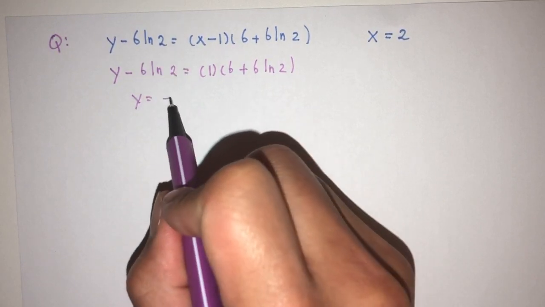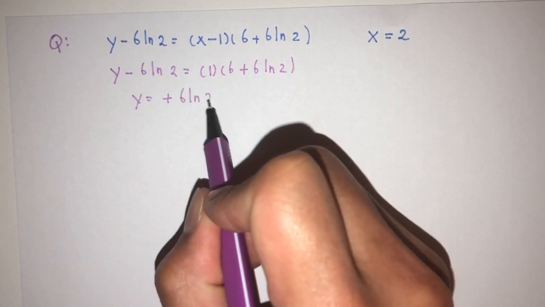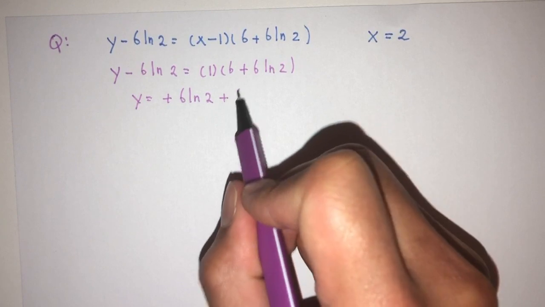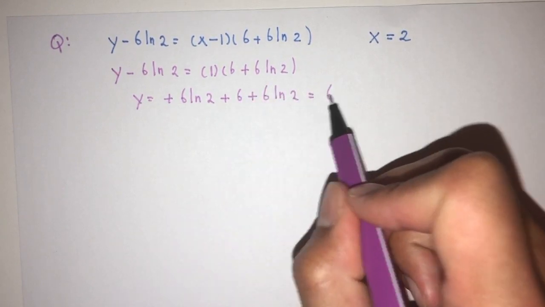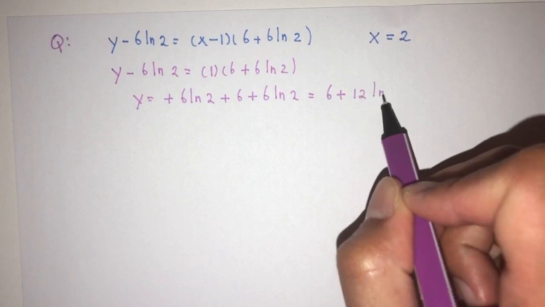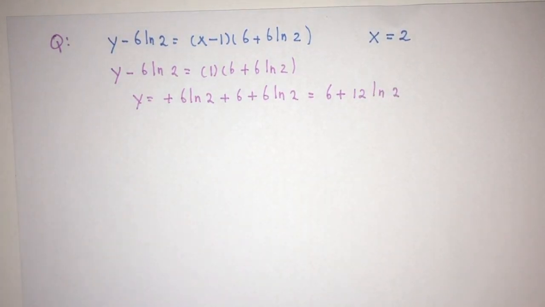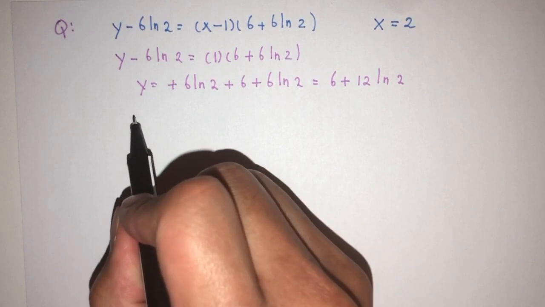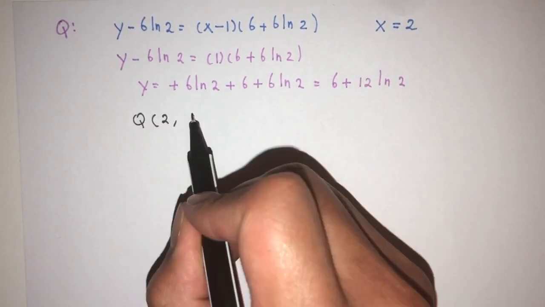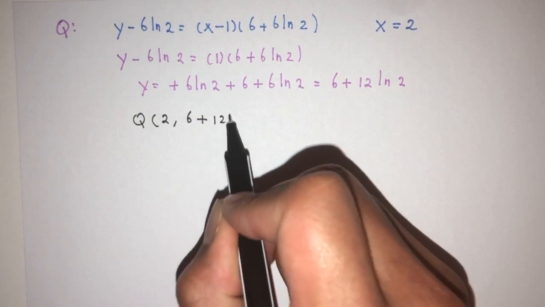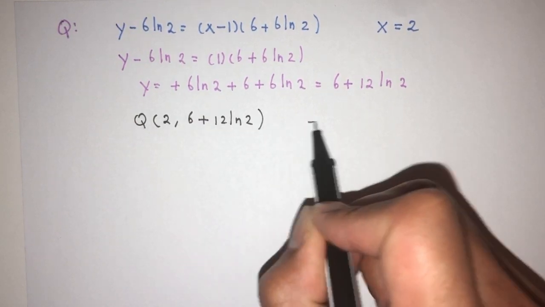Send this over here, become plus 6 ln 2, and here we have plus 6 plus 6 ln 2. That will become 6 plus 12 ln 2. So in conclusion, the point Q has x value 2 and y value 6 plus 12 ln 2. Okay, this is my point Q.